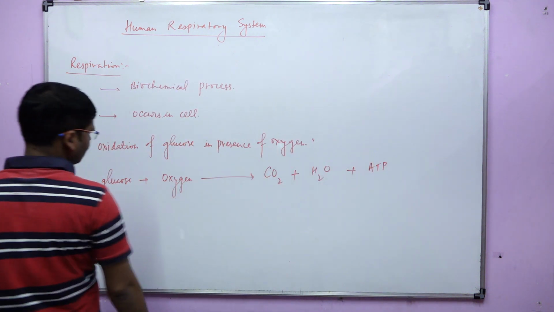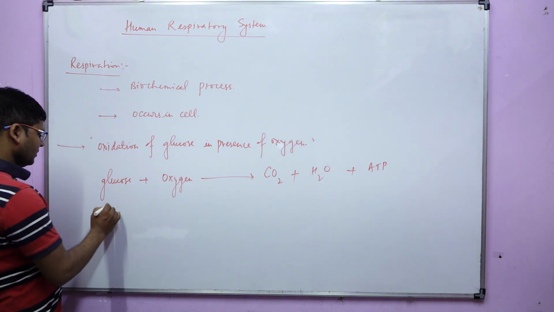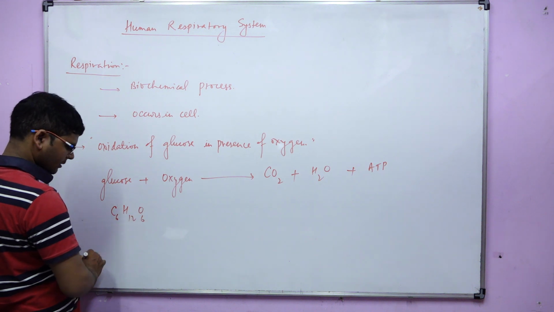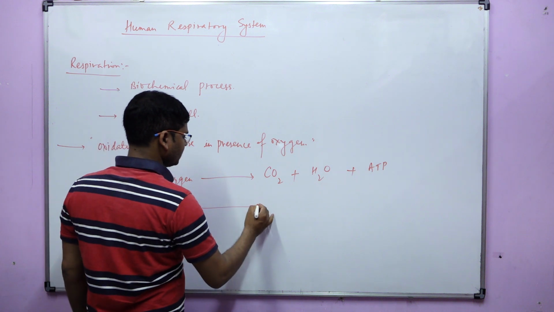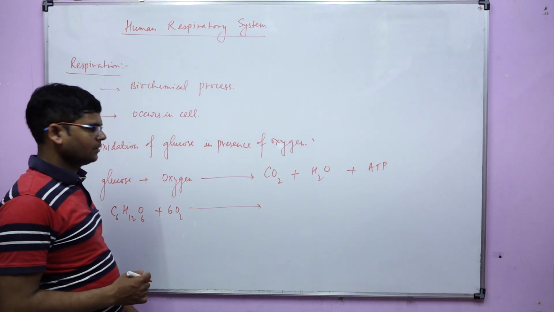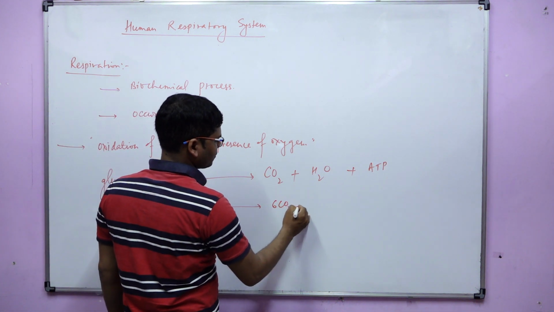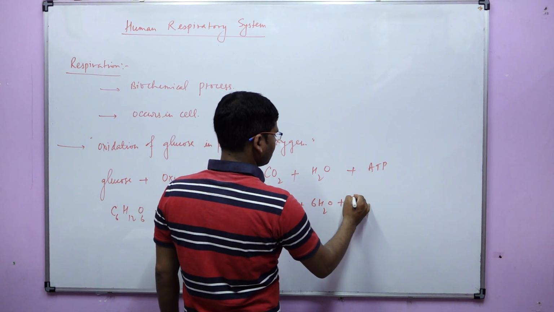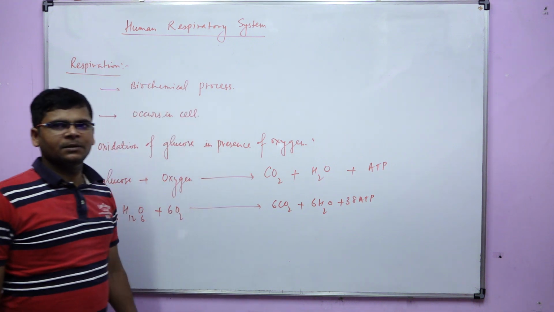If I give you the balanced equation for this, it is C6H12O6 plus 6O2. Several enzymes are also involved, but we will not be talking about that. So we get 6CO2, then 6H2O, and overall we get 38 ATP of energy.